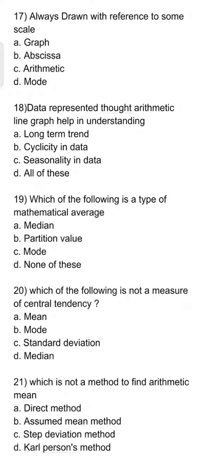Next question 17, always drawn with reference to some scale: A graph, B abscissa, C arithmetic, D mode। तो इसका आंसर है A graph। Next, data represented through arithmetic line graph help in understanding A long-term trend, B cyclicity in data, C seasonality in data, और D all of these। तो इसका आंसर होगा A long-term trend। Next, which of the following is a type of mathematical average?